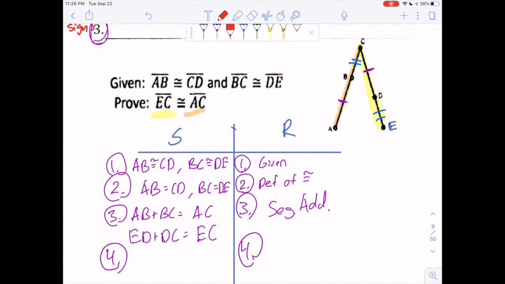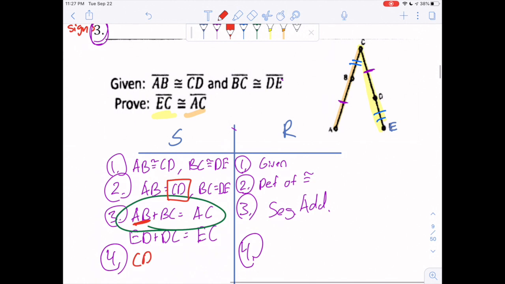I'm going to switch out AB for CD. Check this out. Boom, CD plus. Now I'm going to switch out the BC for DE. Just like that, DE. This should equal AC. This is simply substitution.